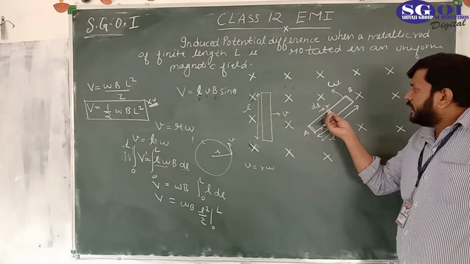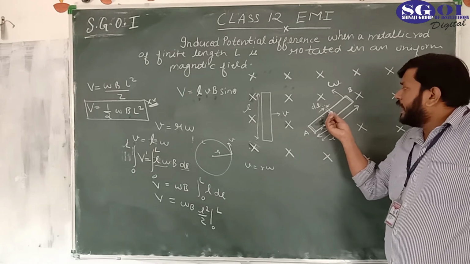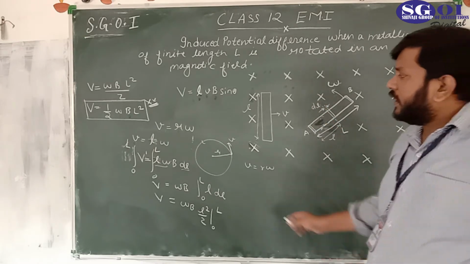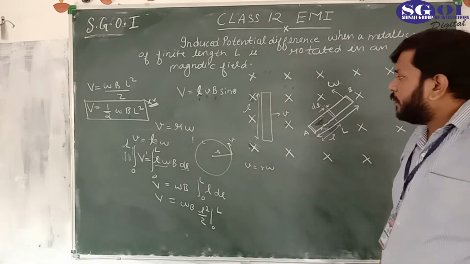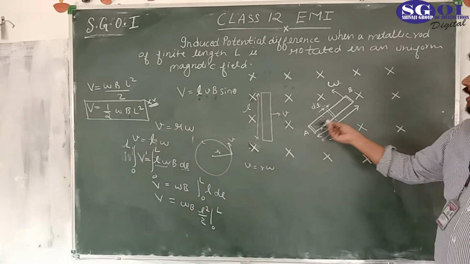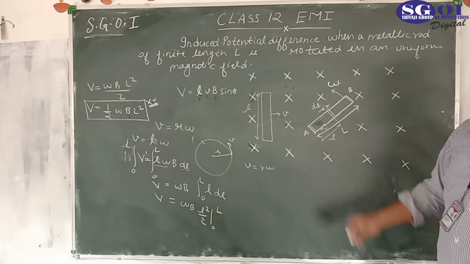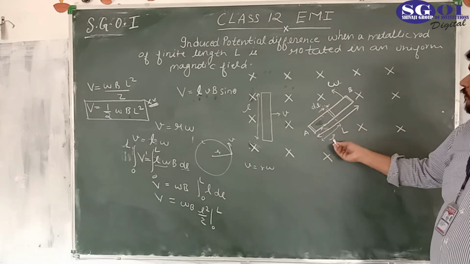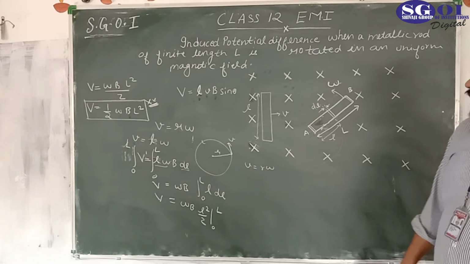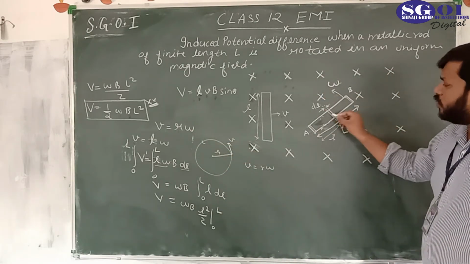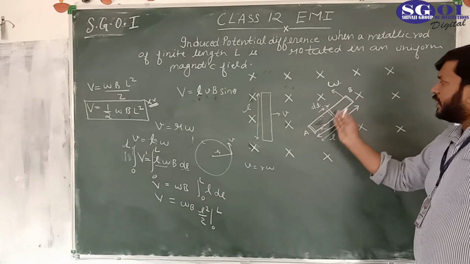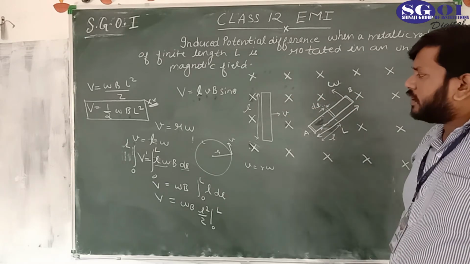We see that this part is linearly moving with linear velocity v, and v is here r omega, and r is the distance from here to here. We have taken this distance as small l because we have taken this dl, so we take the term l, and omega is constant. For all the elements omega is constant because the whole conductor is rotating with the same angular velocity.